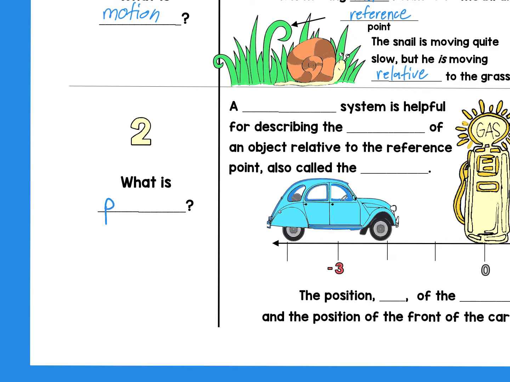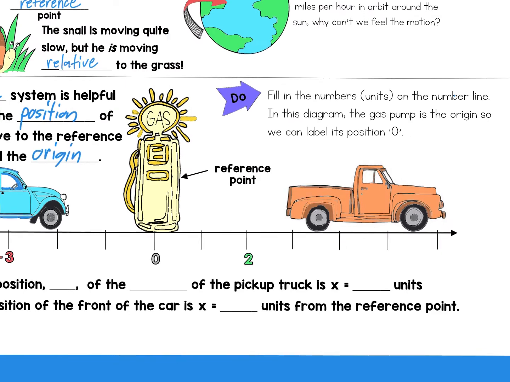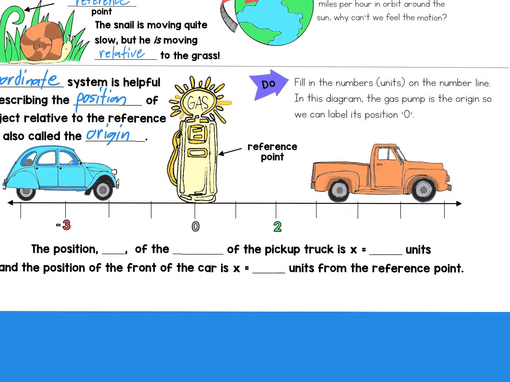Now we will consider topic question 2. What is position? A coordinate system is helpful for describing the position of an object relative to a reference point, which is also called the origin. I'd now like you to fill in the numbers on the number line. In this diagram, the gas pump is the origin.